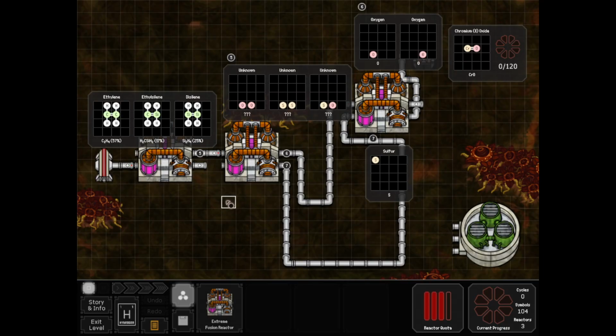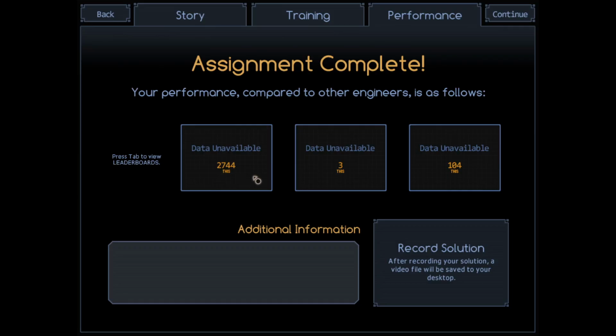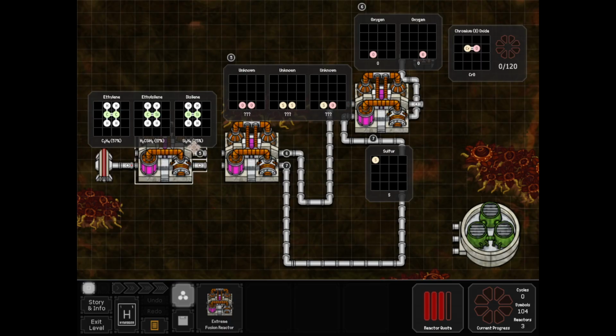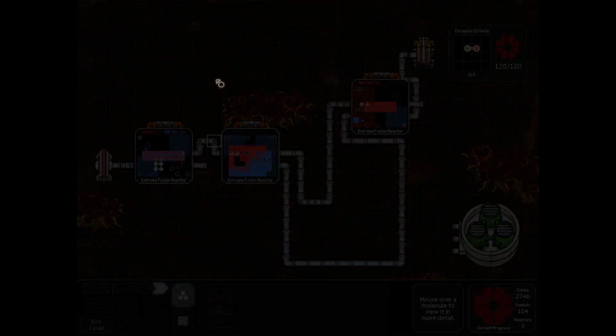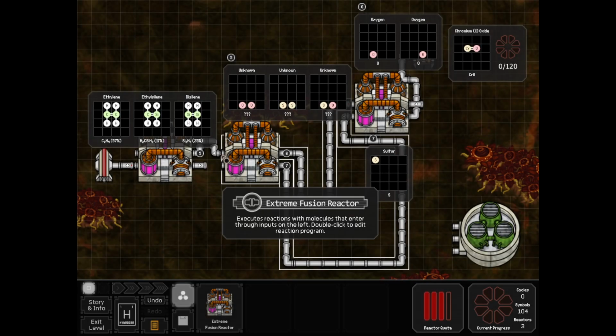So let's run it to completion once and then see if changing that pipe changes anything. So it takes 2,744 cycles. And if we lengthen this pipe, then it takes 2 cycles more than that. So no, that does not help.